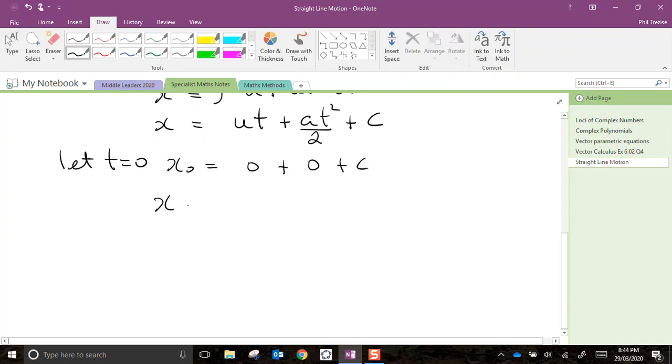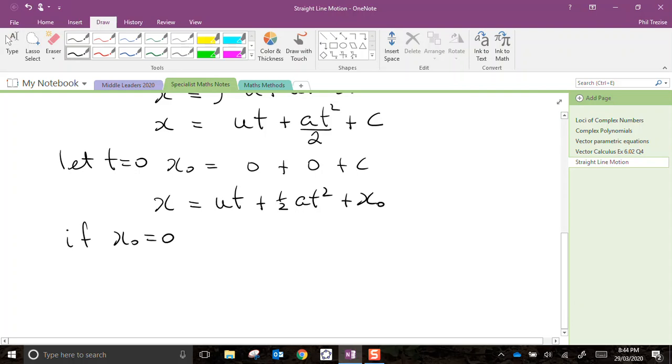So we have the formula x equals ut plus 1/2 at squared plus x naught. Now that's the most general form of the equation. As I said, often x naught equals 0.